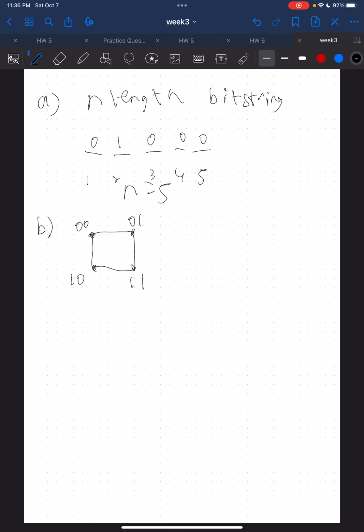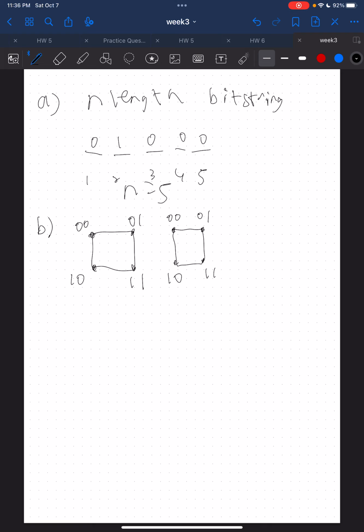And the reason this works is because when you generate a new hypercube, and this is related to the next part of the problem, you simply copy the current one, and then you connect the corresponding vertices that have the same bit string values.